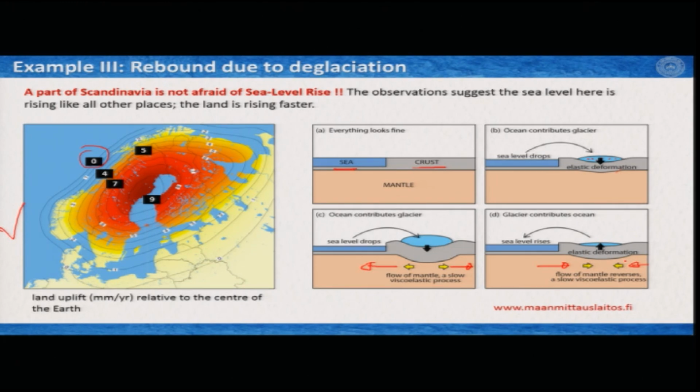So, this is exactly what is happening: due to deglaciation, this continental crust is pushing back up, also with the push from the mantle below. This is an excellent example of using combined rheology in explaining the rebound due to deglaciation in Scandinavian places.